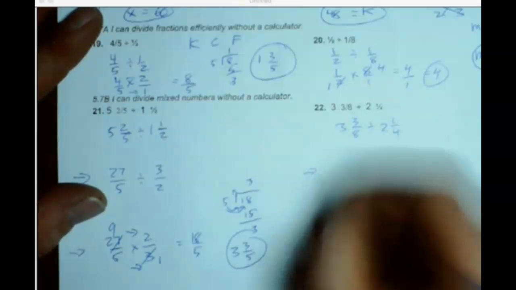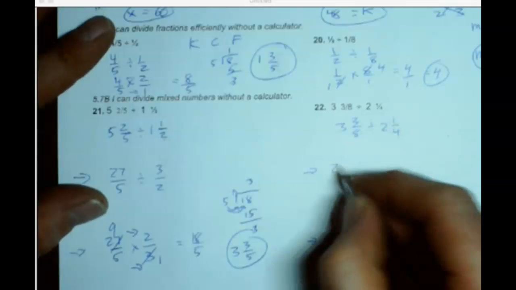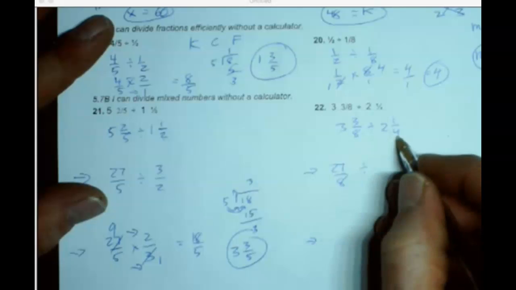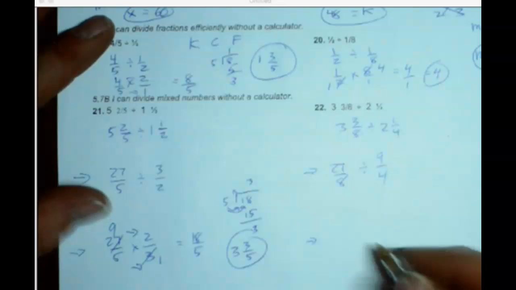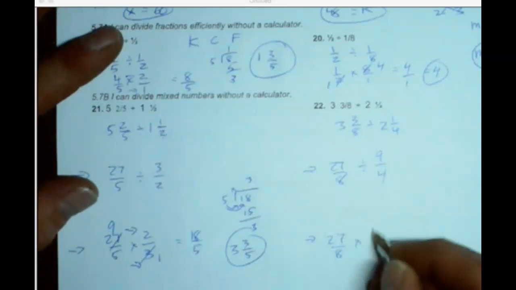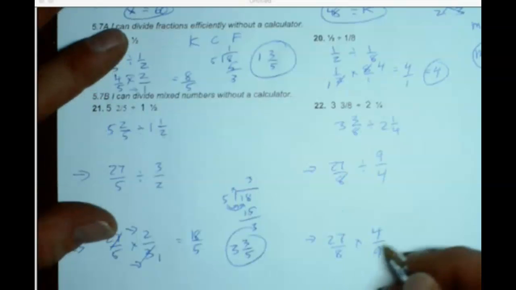All right, let's get this into improper fractions. I'm going to put my 2 arrows here so I remember. 3 times 8 is 24, plus 3 is 27/8. We're going to divide that by 2 times 4 is 8, plus 1 is 9/4. All right, step 2, keep it, change it, flip it. Flip it good. Lots of stuff here.